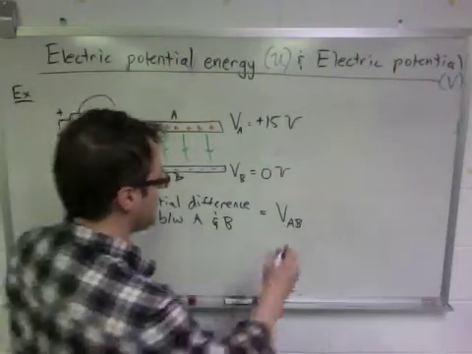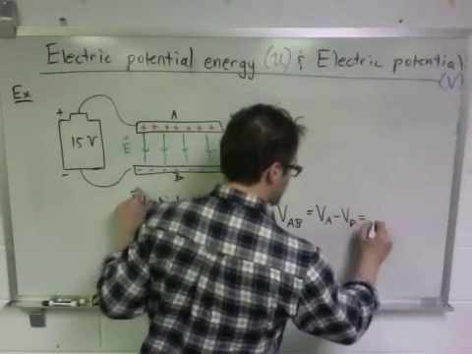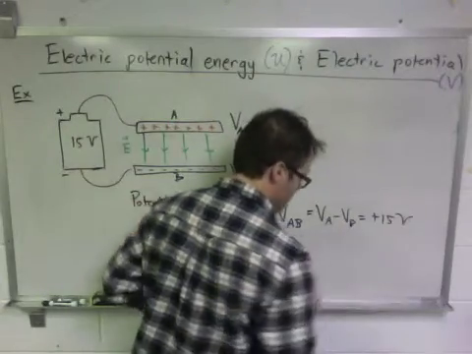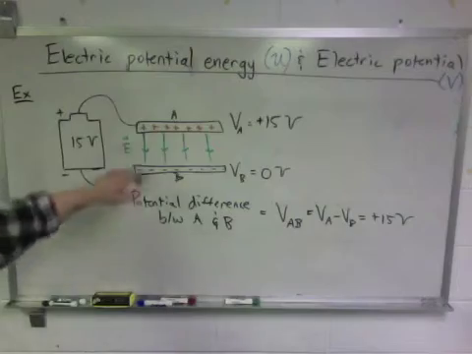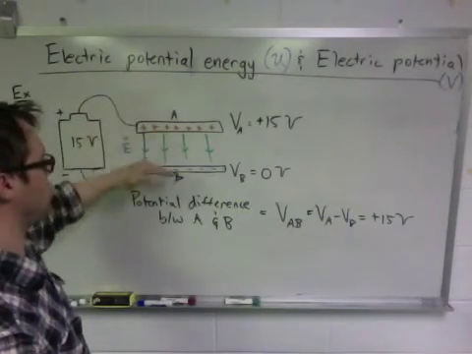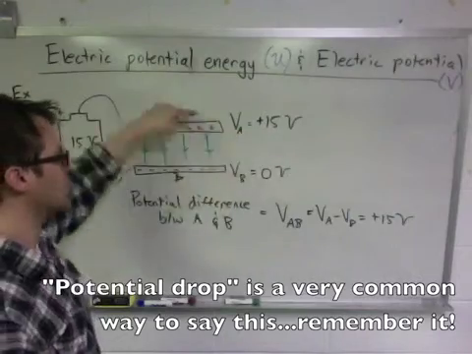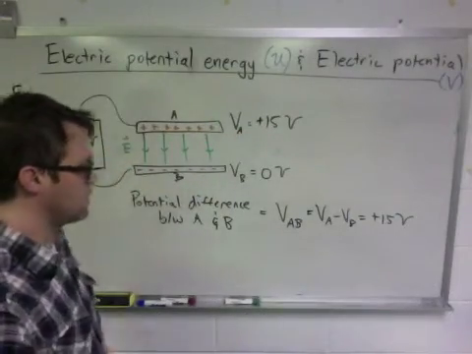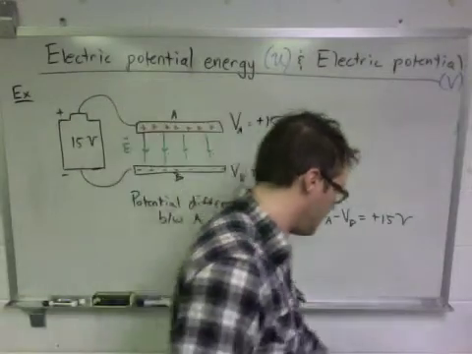That's defined as VA minus VB, which in this case is positive 15 volts, right? I could also, for example, say that there's a potential drop as you go from plate A to plate B of 15 volts because it goes from 15 down to 0, right? So this is just all the types of things that you might be hearing.